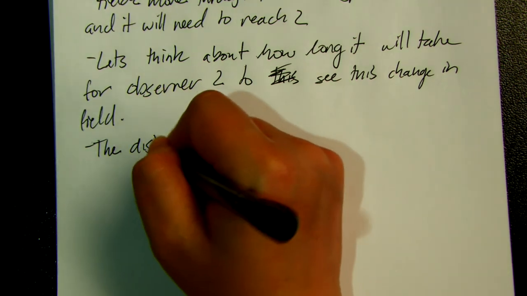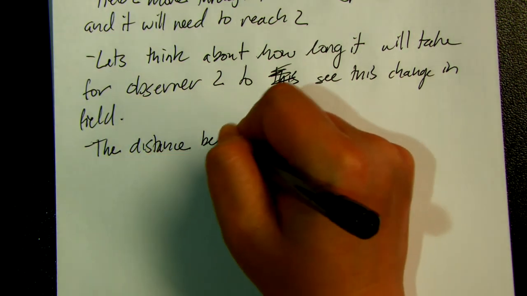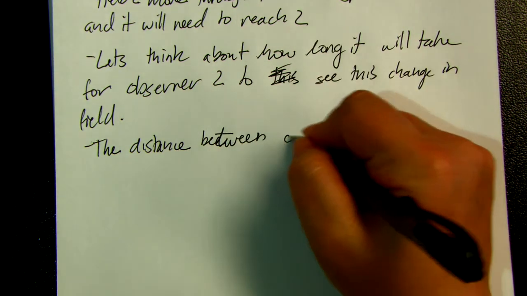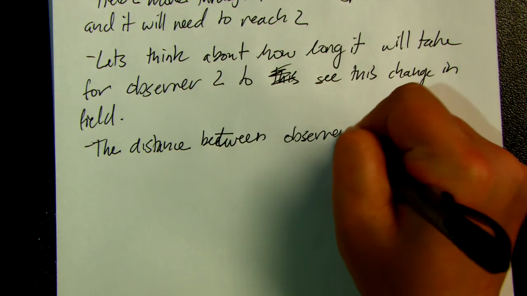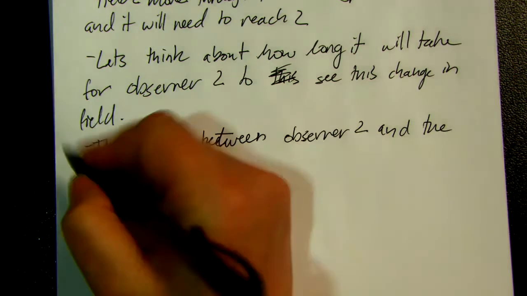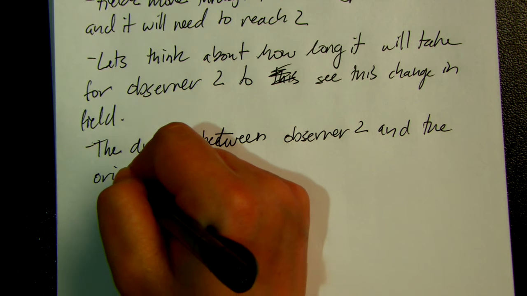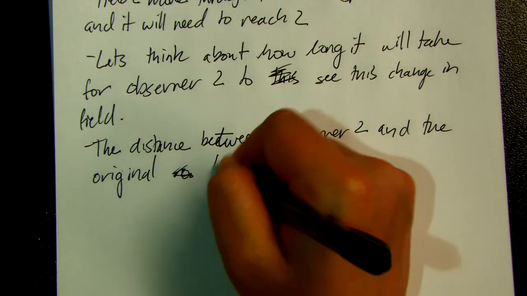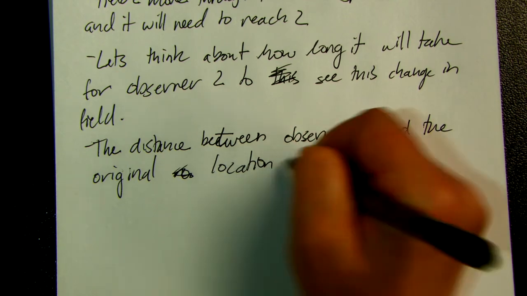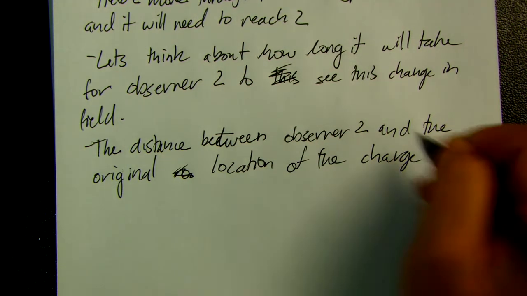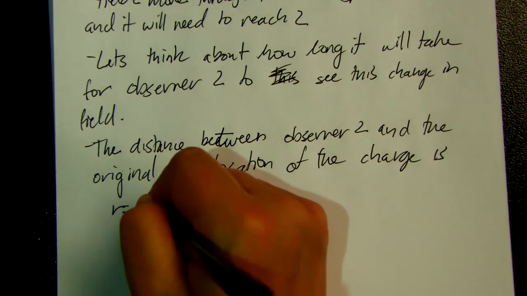The distance between observer 2 and the original location is R is equal to CT.